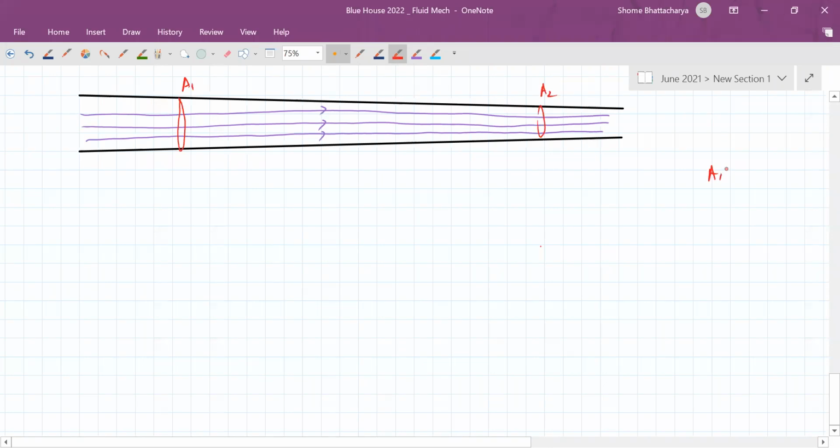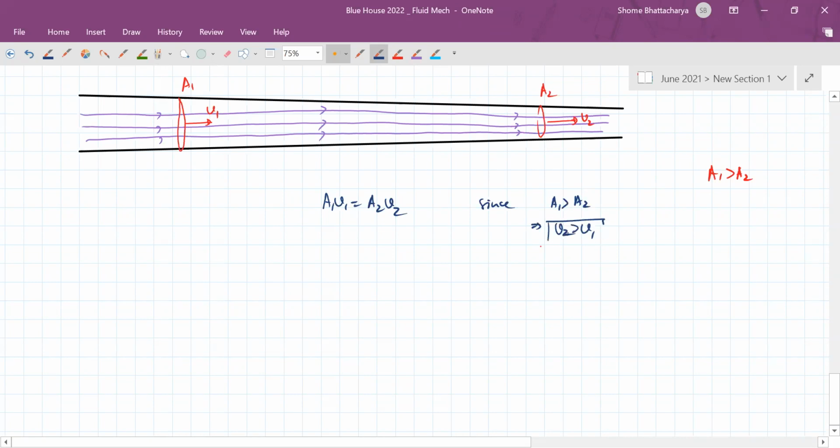If A1 is greater than A2, then even visually you can understand that V1 should be less than V2, because the lines are much closer at A2 and much further apart at A1. But what is the exact equation which will show us this relationship? A1 V1 will be equal to A2 V2. So since A1 is greater than A2, it immediately shows us that V2 is greater than V1.